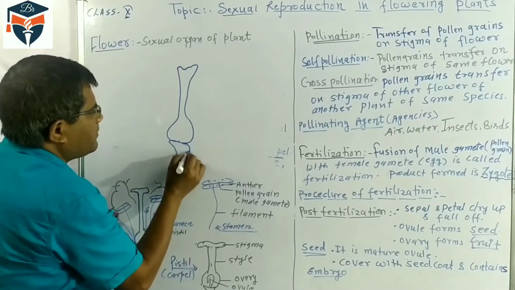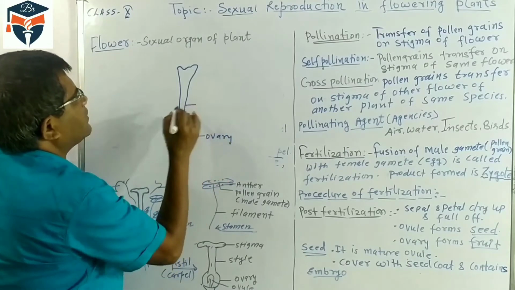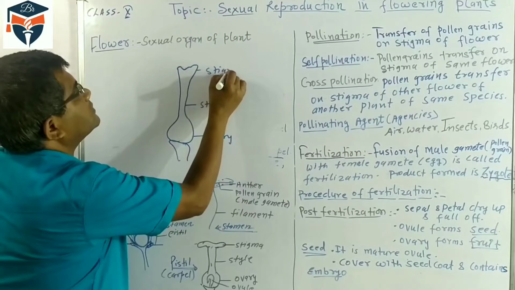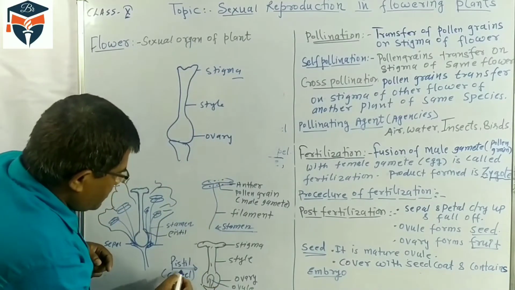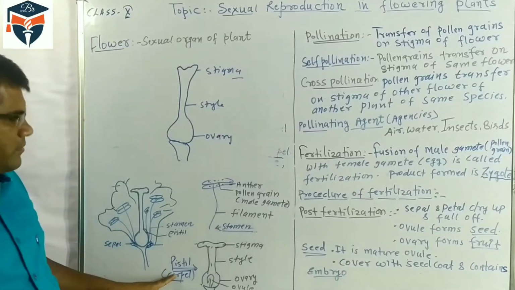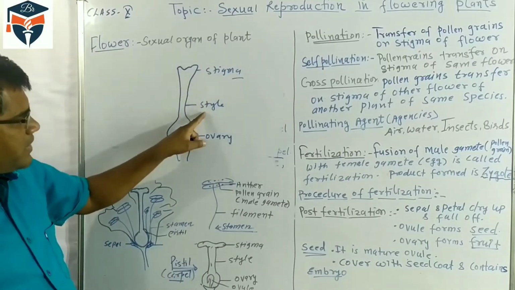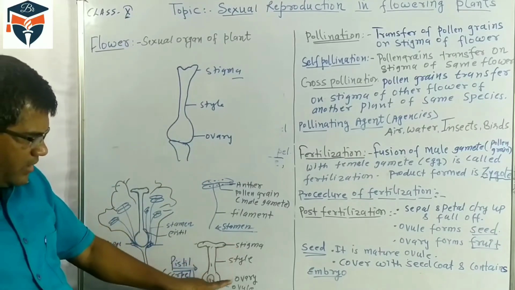This complete part is called the ovary, this is the style and this is the stigma. So this is the female part of the flower, which we call carpel or pistil. So what are the three parts in a pistil or carpel? Stigma, style and ovary. This is also depicted here.